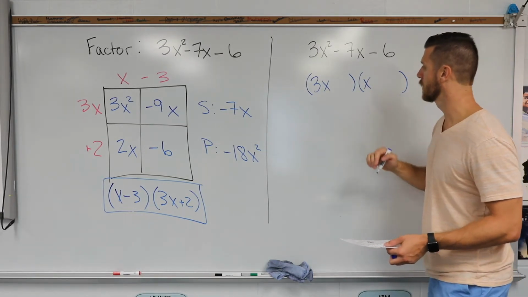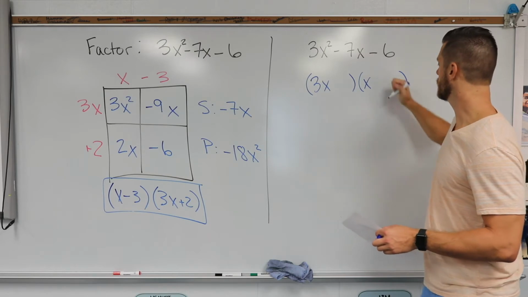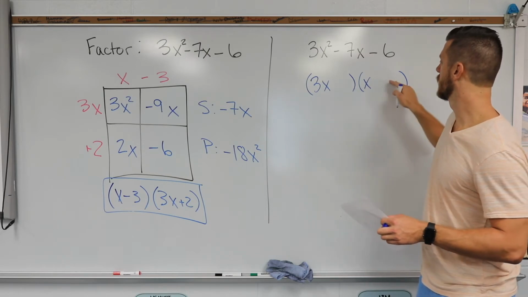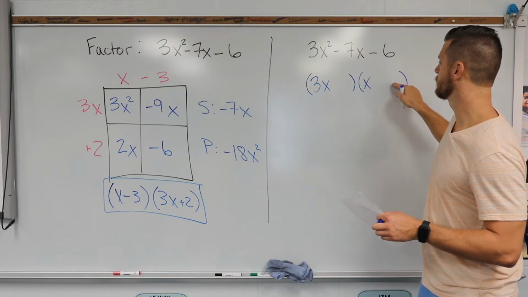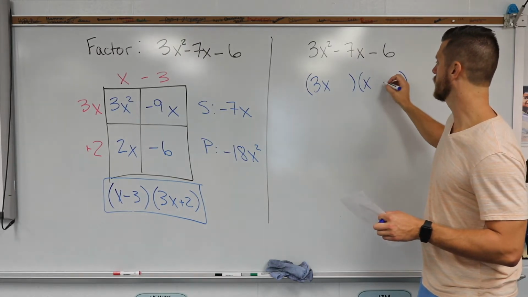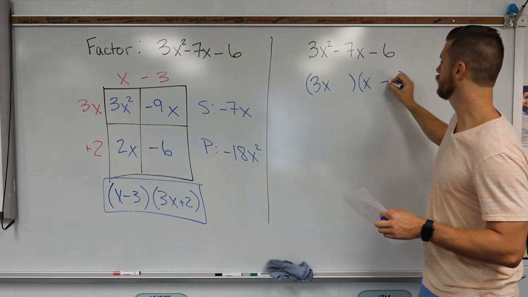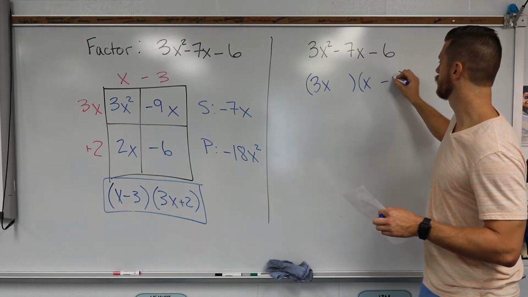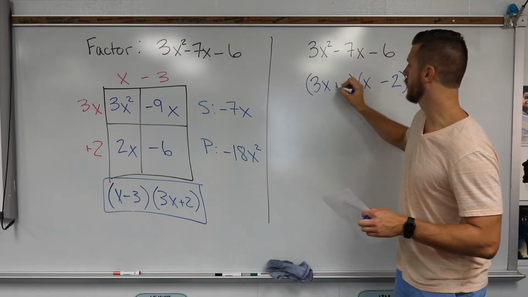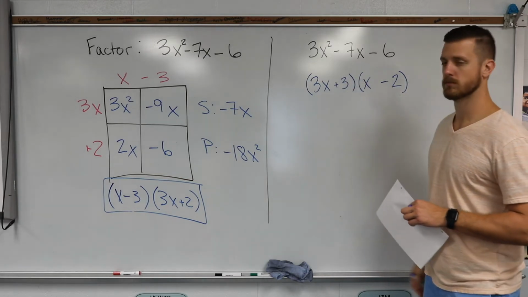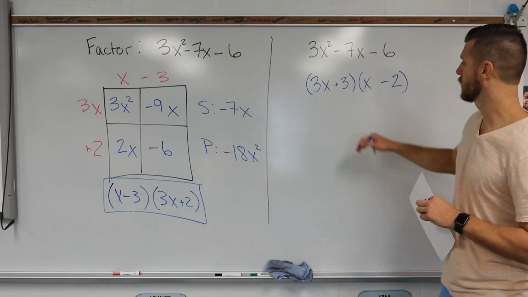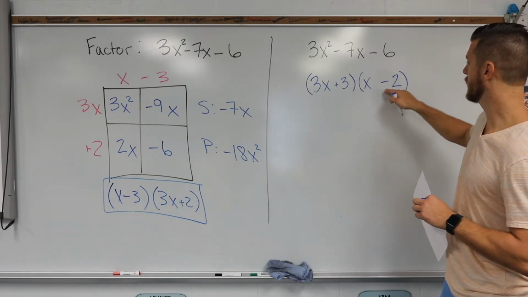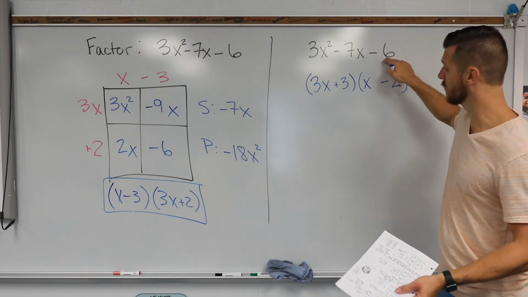Well, let's see here. What if I did a negative 2 and a positive 3? Obviously that's not the right answer. But what happens? 3 times negative 2 is negative 6, so it seems like it works.